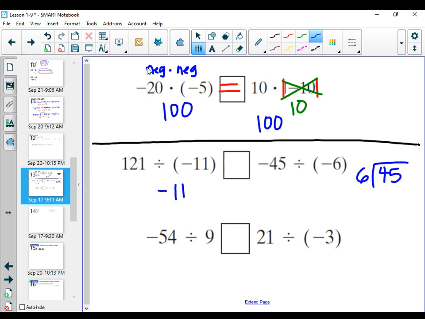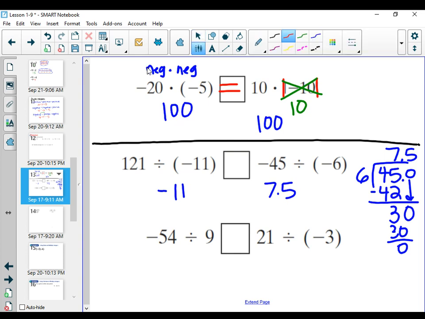That's too big. 6 times 7. If you remember, you would then add a decimal. 6 fits into 30 5 times. And a negative times a negative is a positive. Negative 11 is less than 7.5.